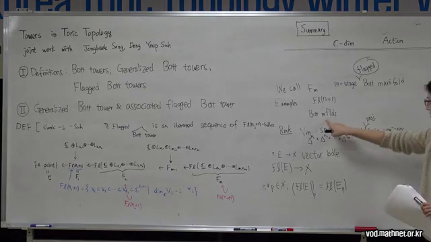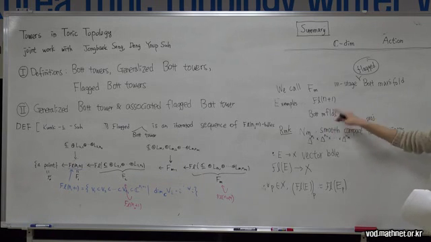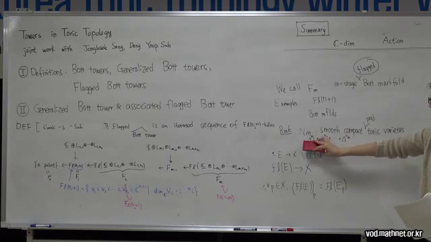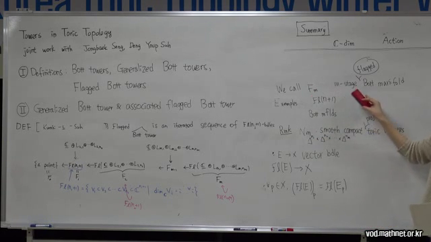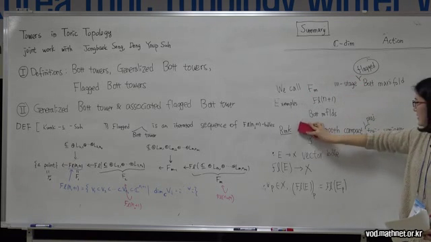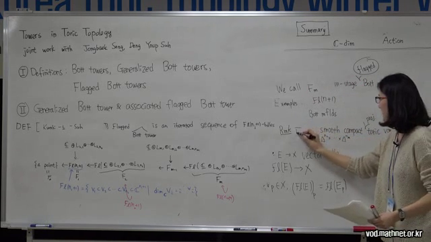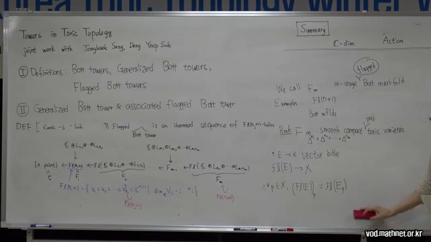So it means that Bott manifolds are always flag Bott manifolds. So I have two kinds of examples. Unfortunately, these m-stage flag Bott manifolds are not toric manifolds, but they have very nice torus actions.